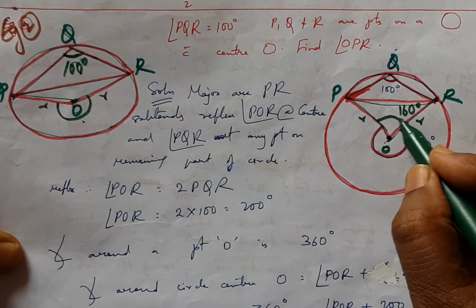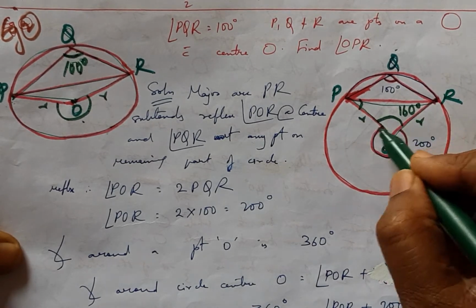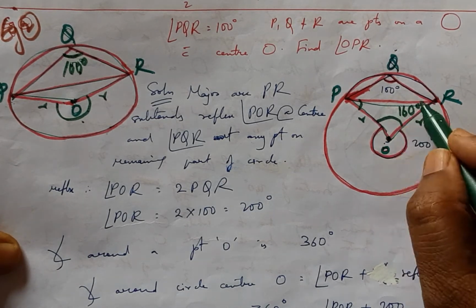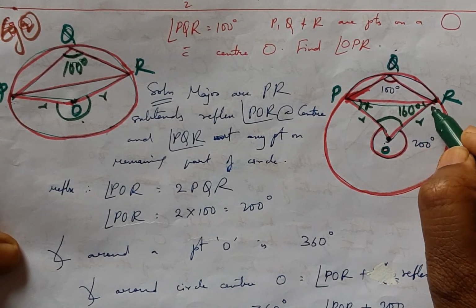Once this is achieved, we know that the line joining the center and any point on the circle is the radius. Therefore, these two sides being equal for this triangle POR, these two base angles are the same, x and x.